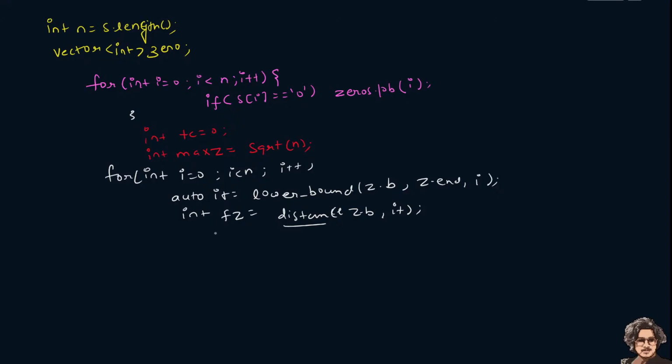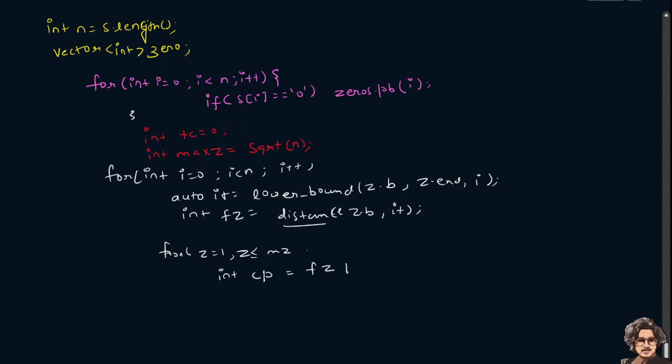Now we write the inner loop, not the outer one: z starting from 1, while z is less than max zeros. We check the current position of the zero: firstZero plus z minus 1.